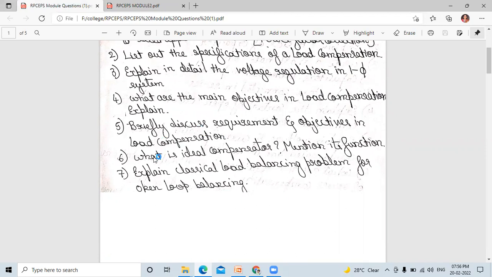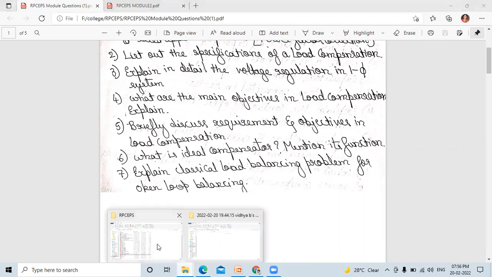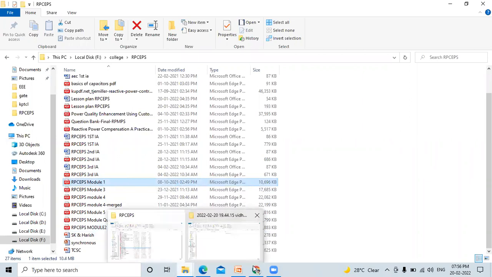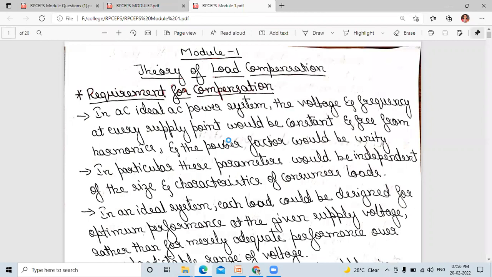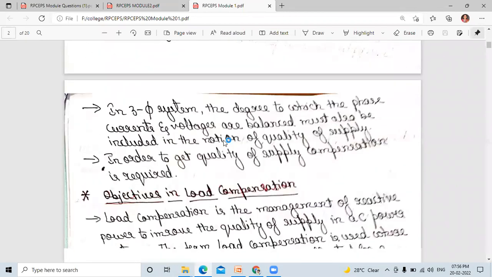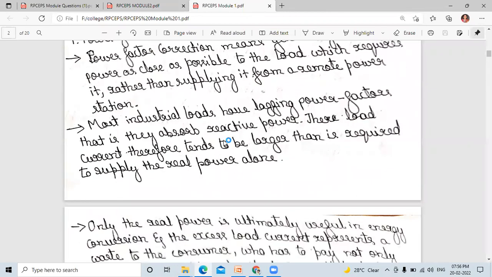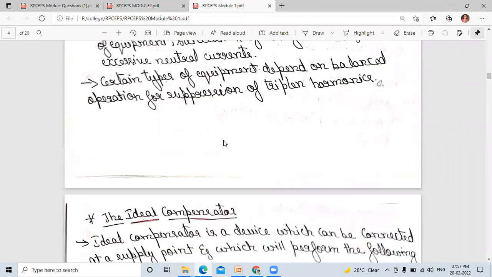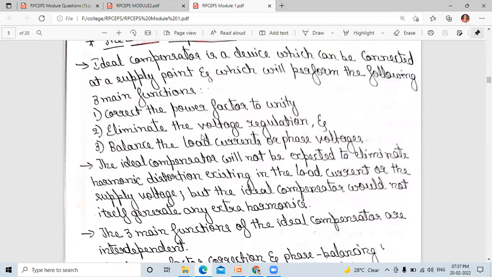We have already discussed that. And what is ideal compensator? Mention its function. It is easy, right? It is in the heading itself. Next question is only ideal compensator, the three main functions.